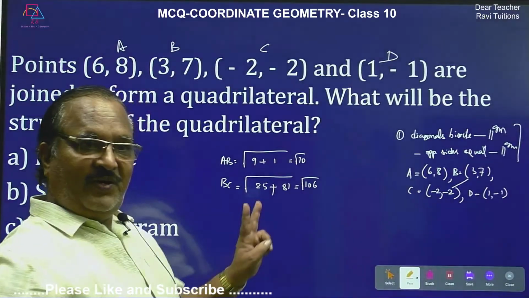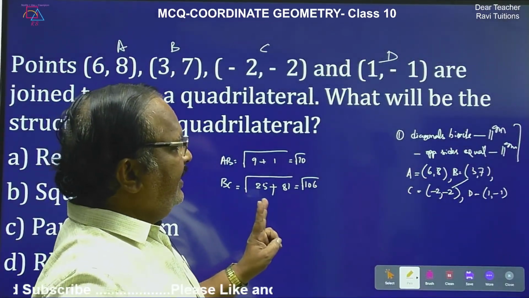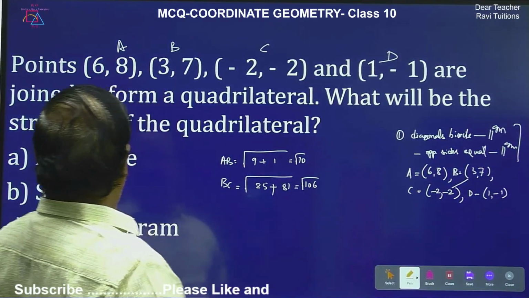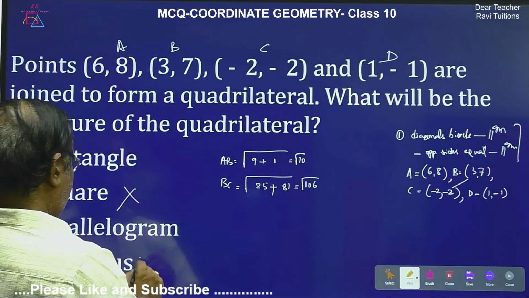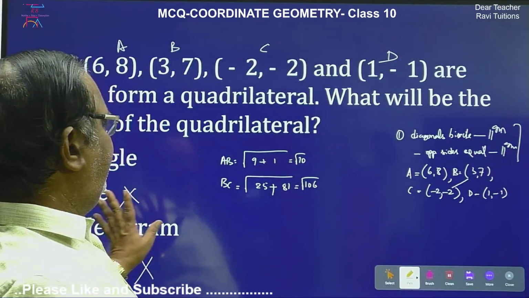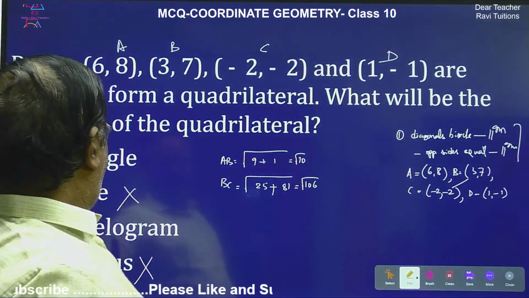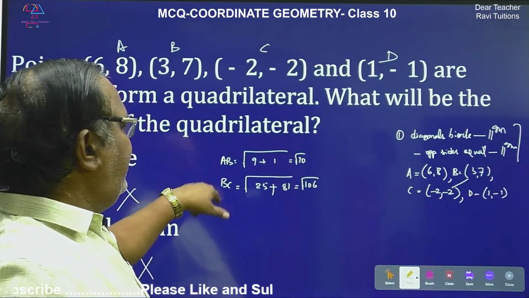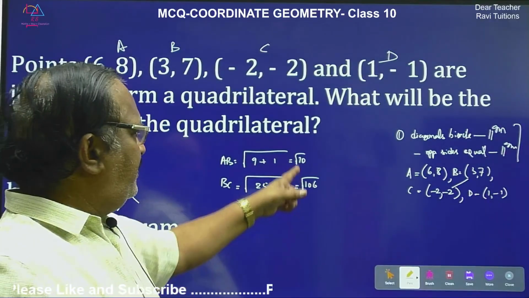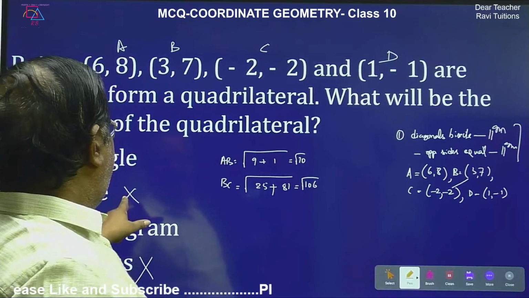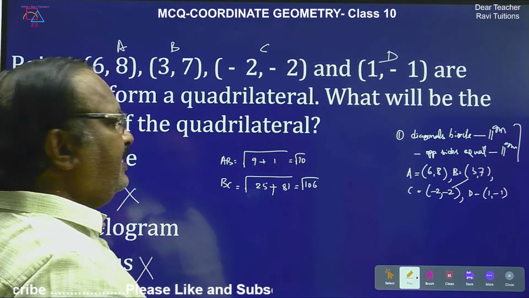So now we got 2, right? That means these two sides are not equal. Therefore square will get cancelled, rhombus will get cancelled, eliminated, because in a square and a rhombus all sides are equal. Now by finding two sides, we came to know that these two are not equal. Therefore it cannot be a square, it cannot be a rhombus.